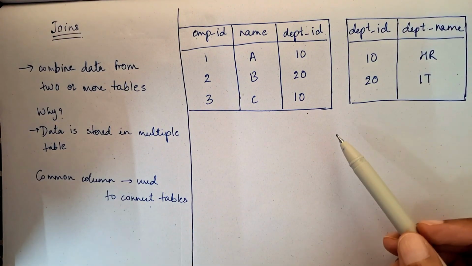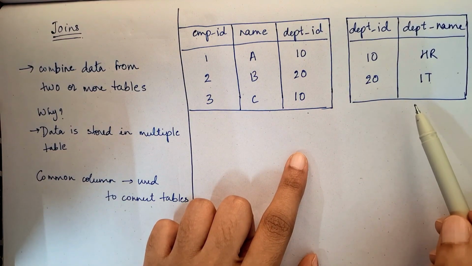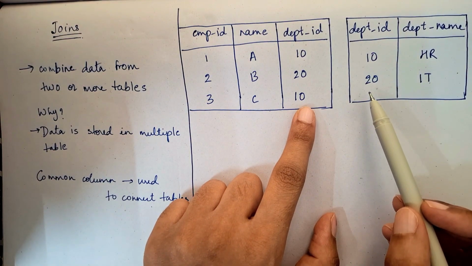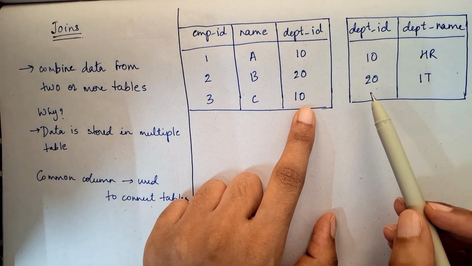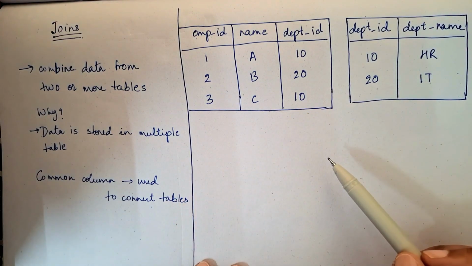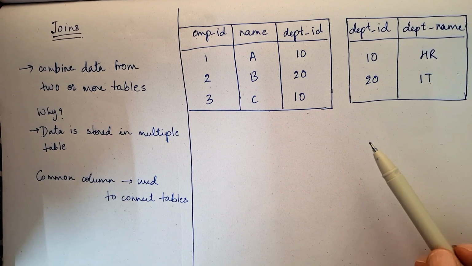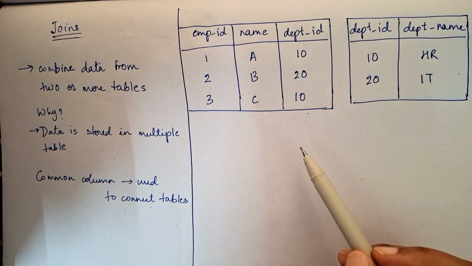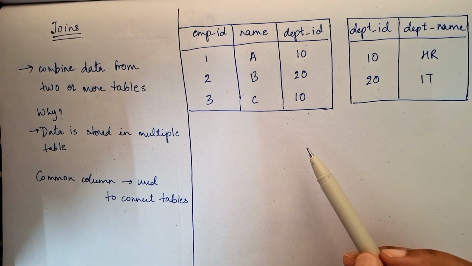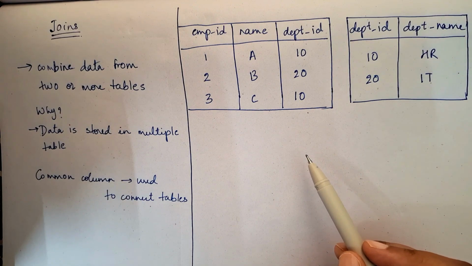So using a join, we connect these two tables using a common column, which is department ID, and then we get the combined result. So now instead of two separate tables, we will get one result showing employee name and department name together.